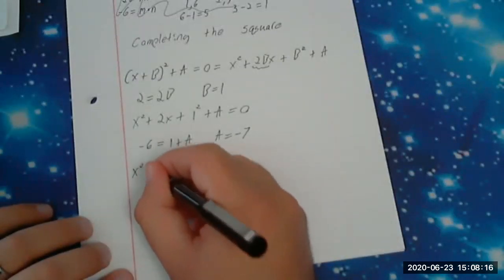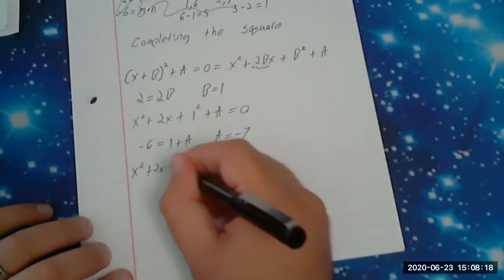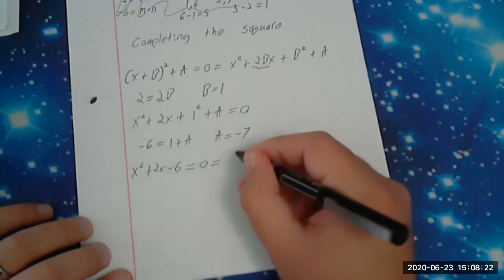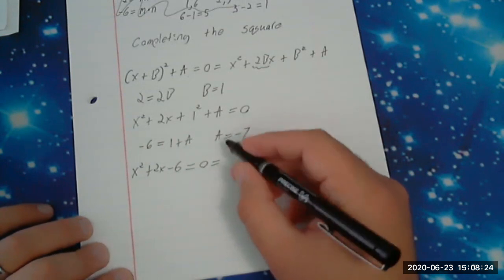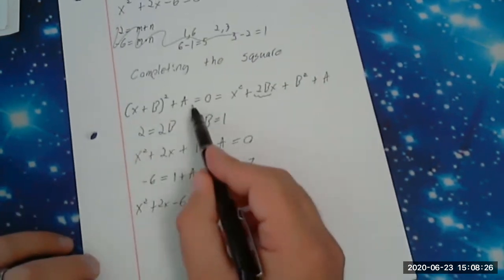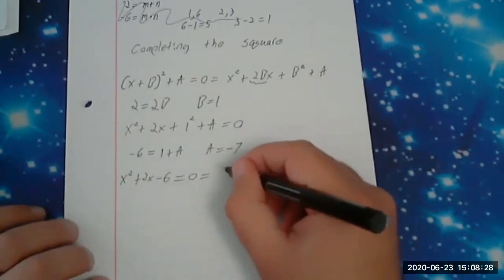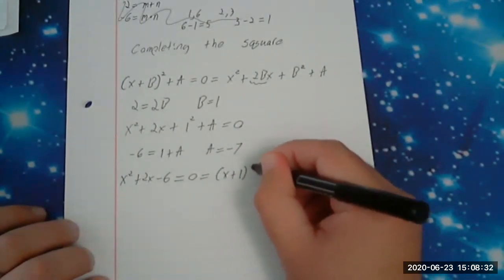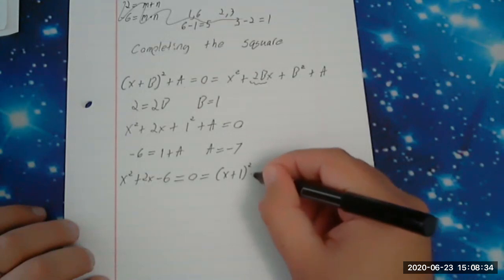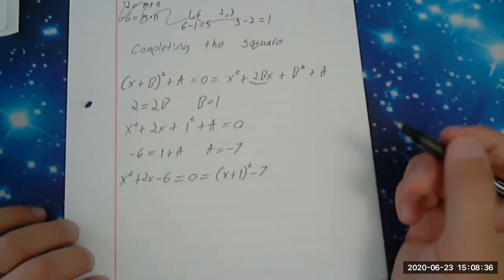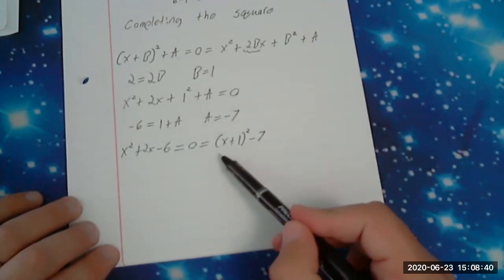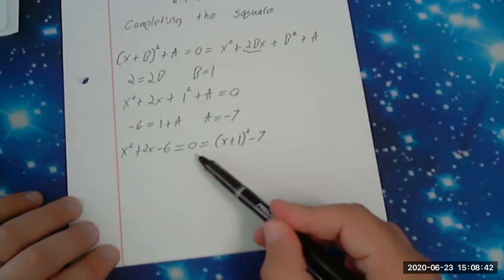So let's rewrite our problem. x squared plus 2x minus 6. We said that we are turning that into something of this form: x plus 1 squared minus 7. And believe it or not, this is actually very easy to solve.